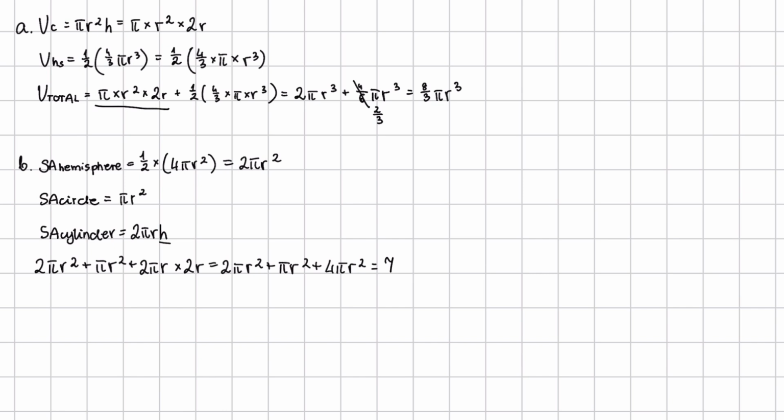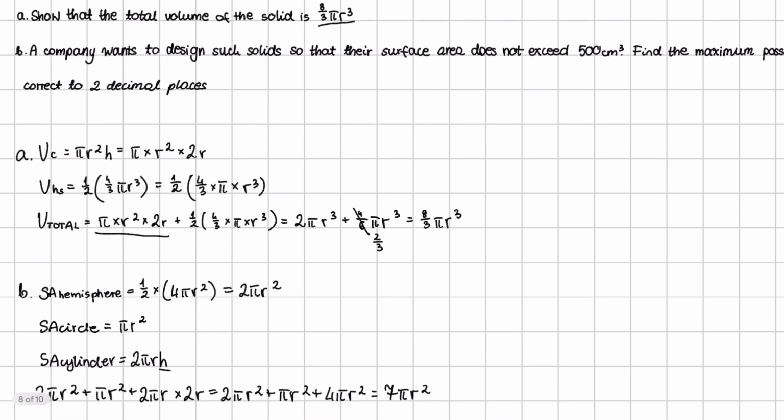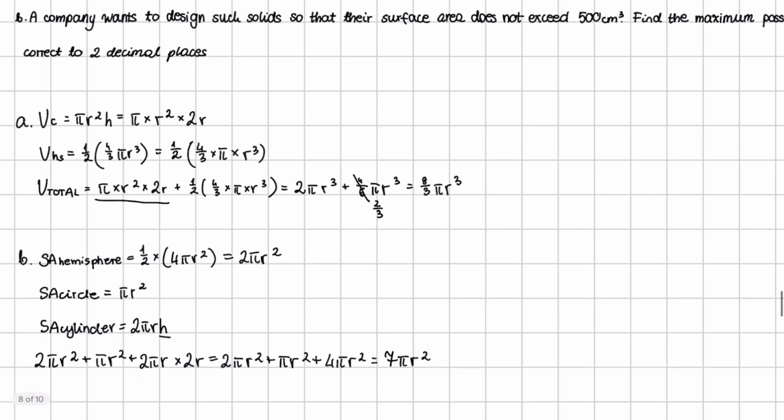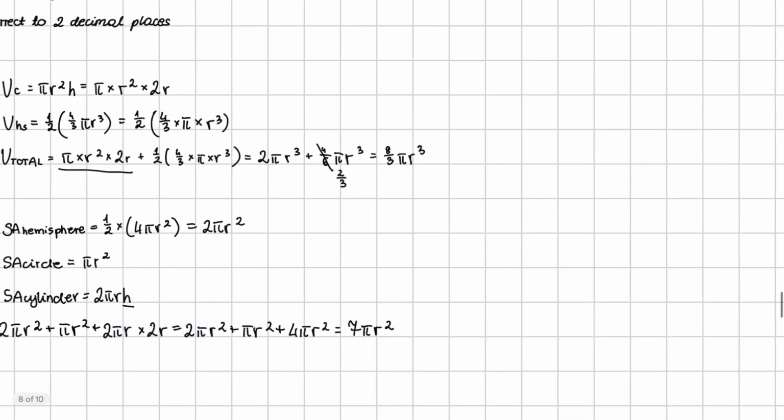So we have 7 times pi times r squared, and we know that the surface area does not exceed 500 cubic centimeters, and we have to find the maximum possible radius r.